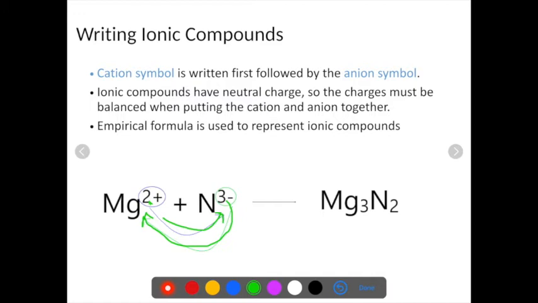Let's check that we have a neutral compound. 3 magnesiums with a +2 charge give an overall +6, and 2 nitrogens with a -3 charge give an overall -6. So I do have a neutral compound. The charges have to be equal. I call this the switcheroo. It's an easy way to figure out what subscripts I need on the elements to get a neutral compound.